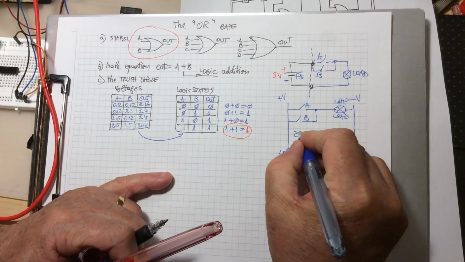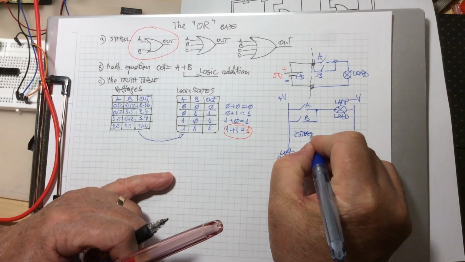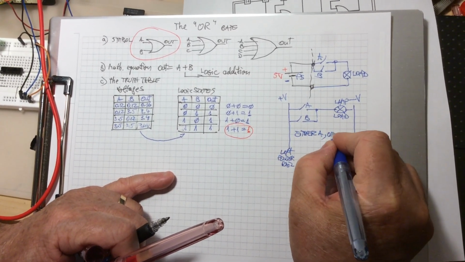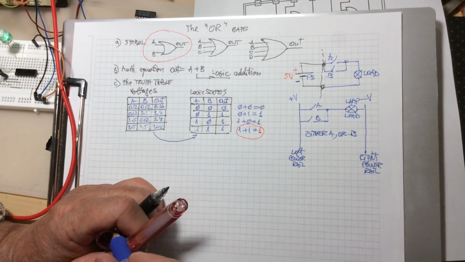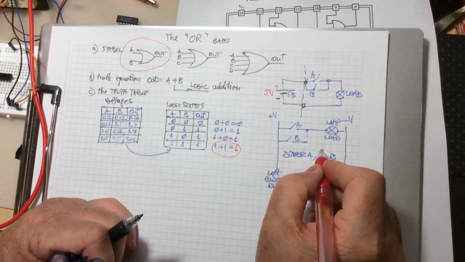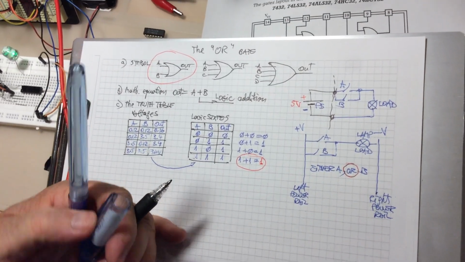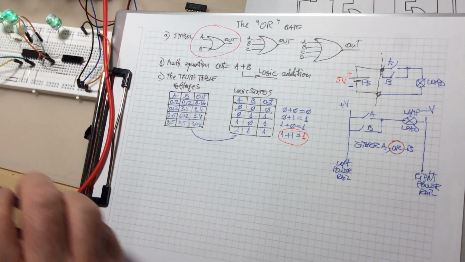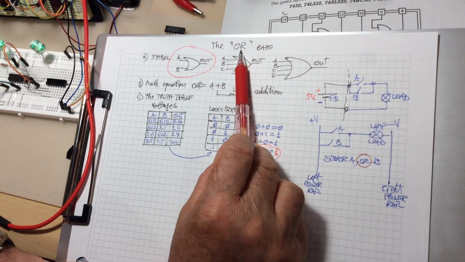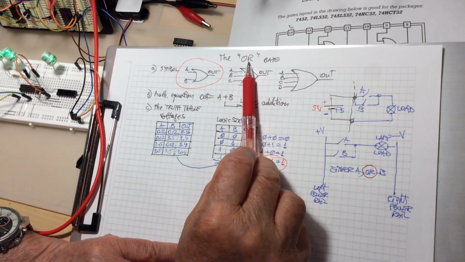So either A or B has the name of the function. That's exactly the name of the function. The function is OR. So when you ever hear about such a thing like the OR function or the OR gate, what does it actually mean?